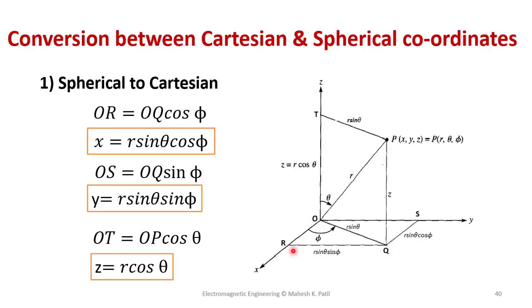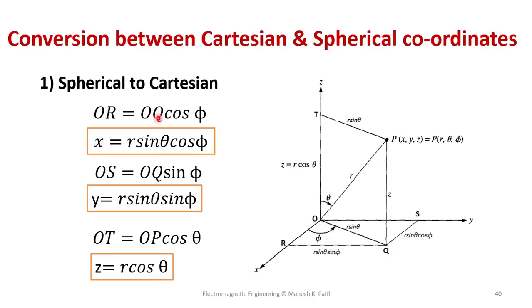So likewise, QR we are going to get as r sin theta sin phi, and QS, that is OR, we are going to get as r sin theta cos phi. Now with this we will try to write the relation between all these points. So OR equal to OQ cos phi. So O to R, that is OR, is OQ cos phi, and OR is along the x axis, therefore OR distance is x.